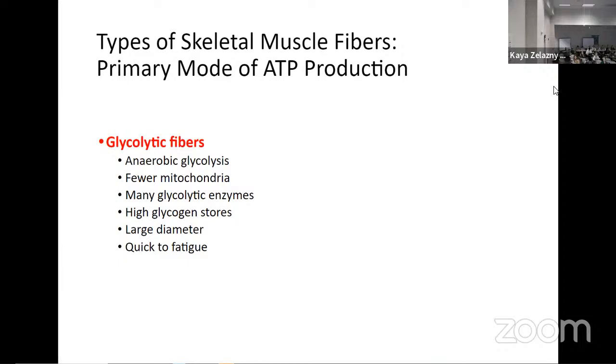So the larger diameter is great in terms of strength because it means we can have lots of our contractile proteins in that cell, in that myofibril, right? So more of our contractile proteins all set together in parallel means we can form more cross bridges and contract more strongly. So in that way, large diameter is good.